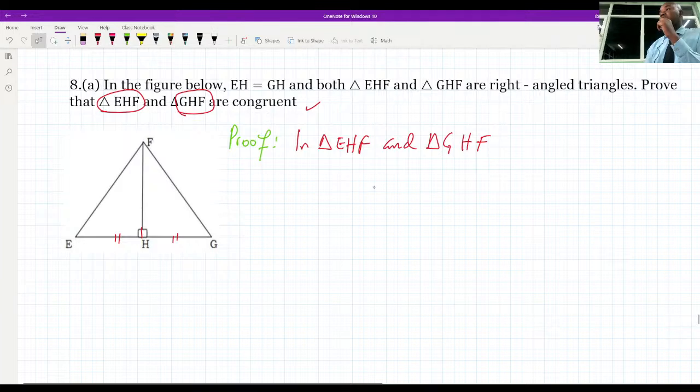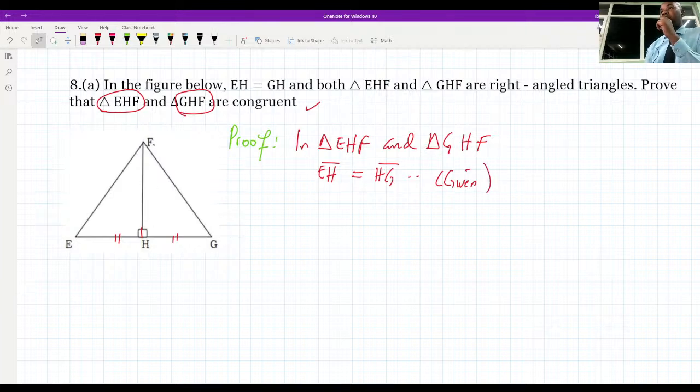And so in these two triangles, we have seen that EH in the first triangle, EH equals to HG, and this is given detail. It is given information already.